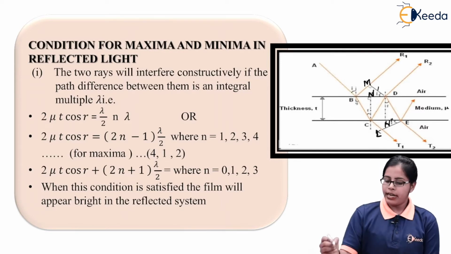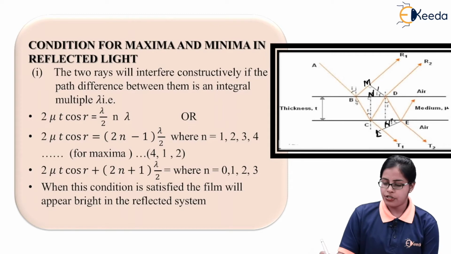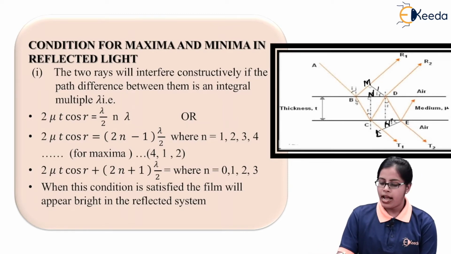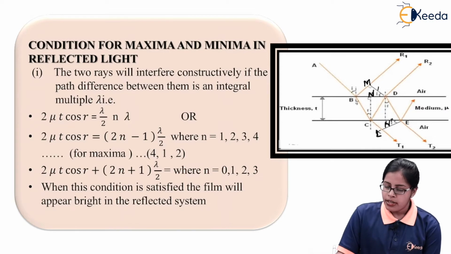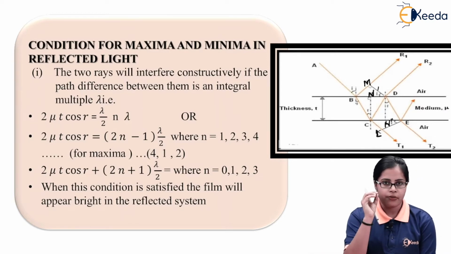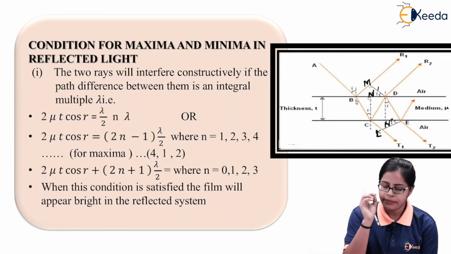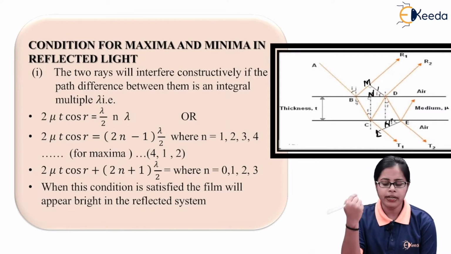So if you look at the rays which we are talking about, BR1 and DR2, the first reflection is occurring at point B for the BR1.